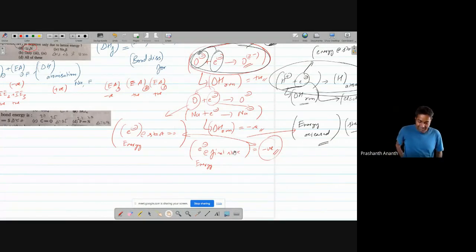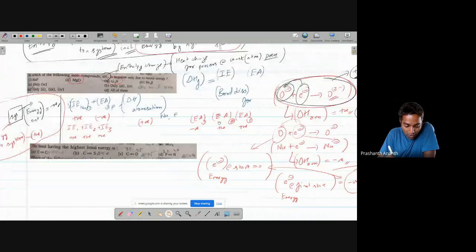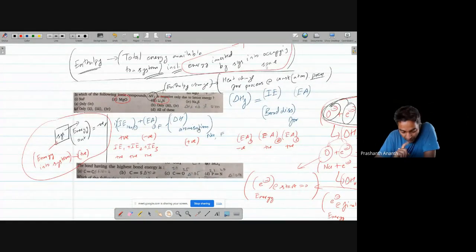Now, okay, where were we? The question is still not solved. We'll go back to the original question now. Which of the following ionic compounds has enthalpy of formation negative only due to lattice energy? See, this is a very poor question. When I say it's a very poor question, why do I say so?